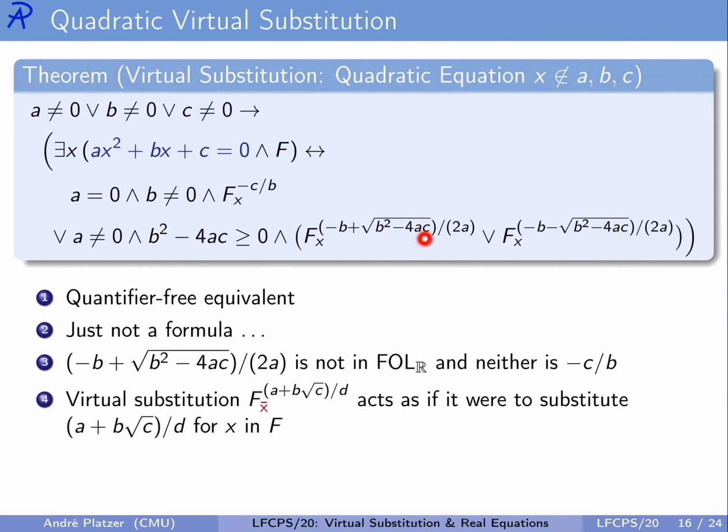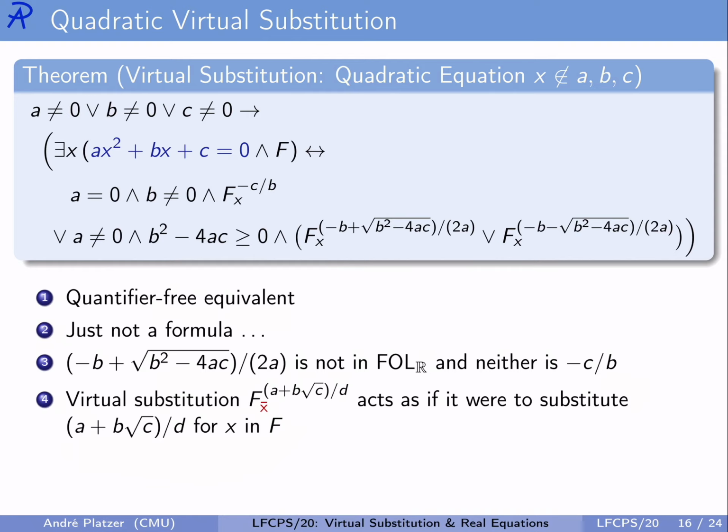In this particular case they look like that, but that's less important. If we define a virtual substitution that pretends to plug these square roots and divisions into logical formulas without actually doing it, but giving us back a formula that's equivalent to the formula that we would have gotten if only we had been allowed to use those square roots and divisions, well, then we're in business.